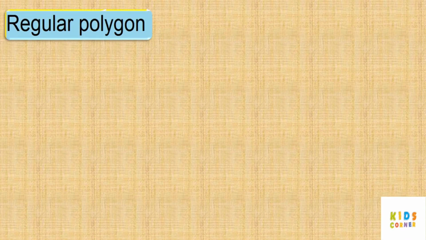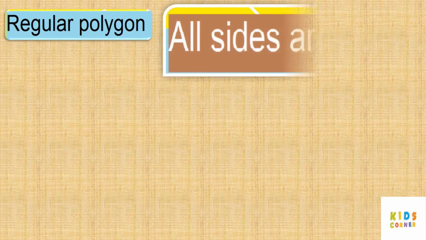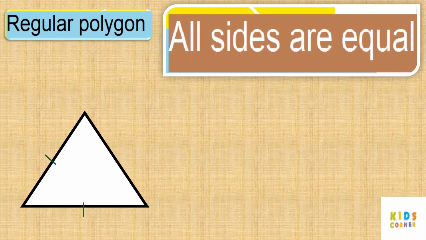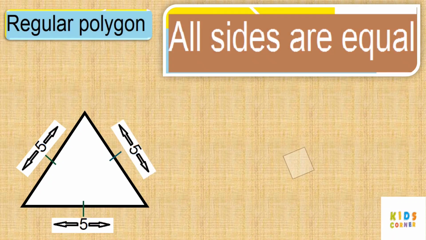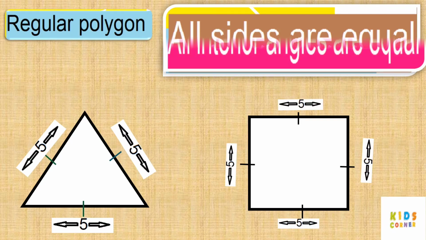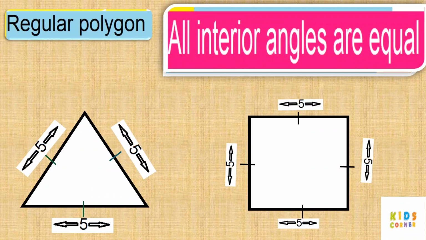What is a regular polygon? A polygon whose sides are all equal in length is called a regular polygon. That means if the measure of one side is 5 cm, then all the remaining sides will be 5 cm. All interior angles are equal. That means all the interior angles are of the same measure.